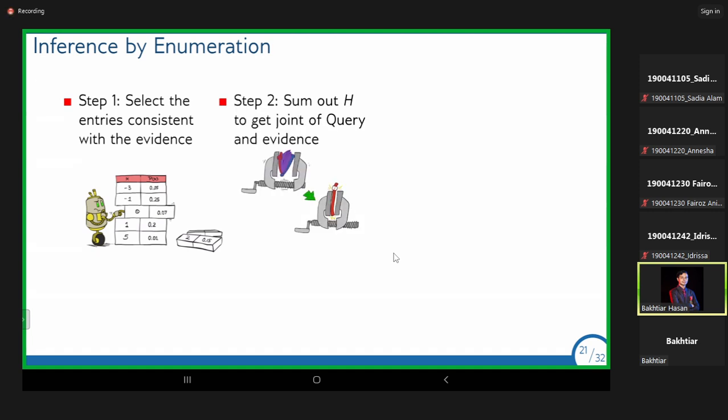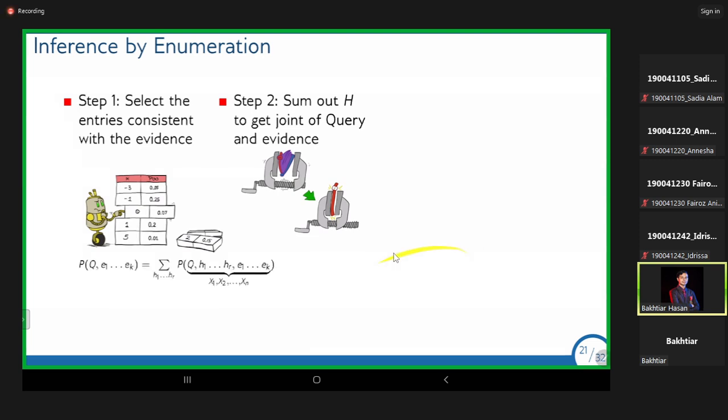Then we sum out all the hidden variables. We take away all those variables that we don't want, and we get rid of those dimensions in our multidimensional array. How? We get rid of them one variable at a time, and for each one, we sum together all the rows that now appear to be the same because they only varied on that particular axis that we got rid of.